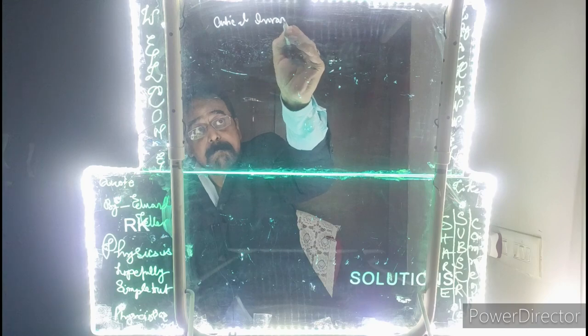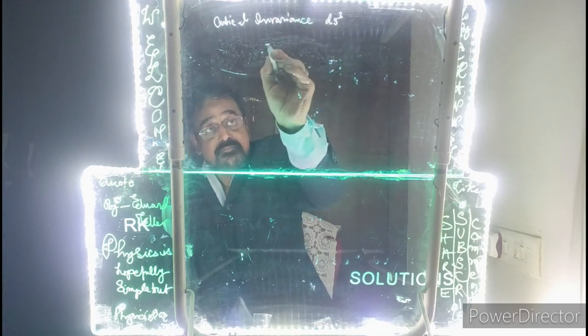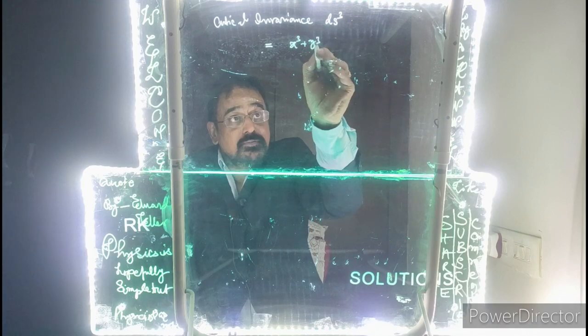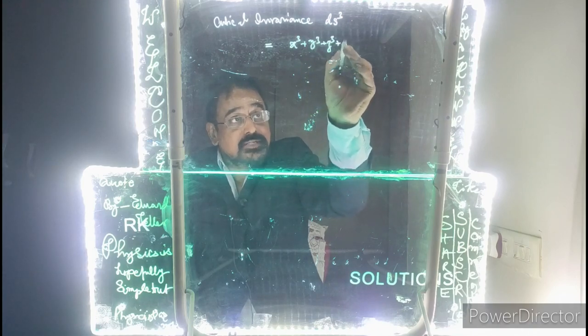So we can come up with a system where the cubical invariance ds cube is given by x cube plus y cube plus z cube plus t cube and so on.